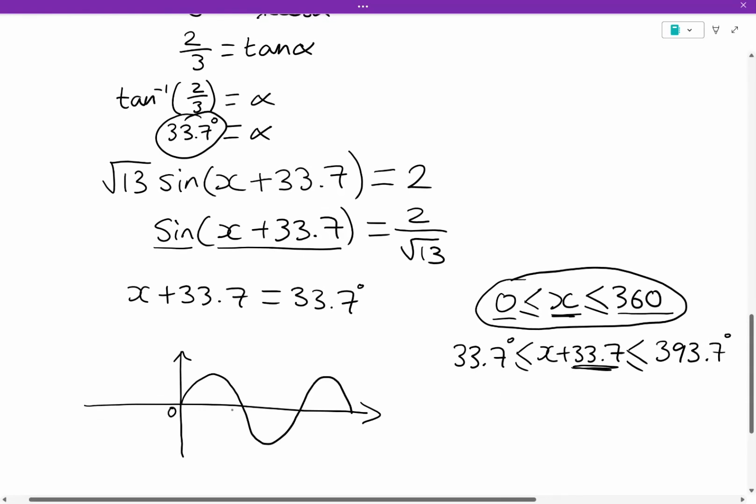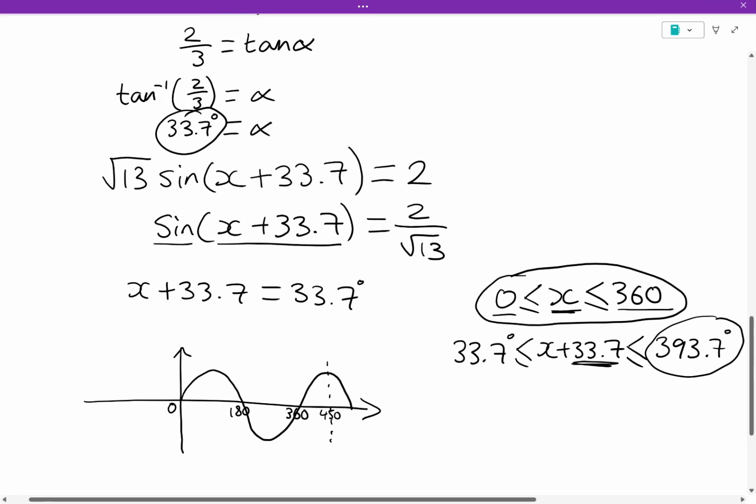We've got 0, 180, 360, and in the middle here would be 450. We're not going beyond here, because we're only going up to 393.7 degrees. Now, if we look at the angle we've got so far, we've got 33.7. This middle part here is 90, so 33.7, if I do it in a different color, should be roughly over here.